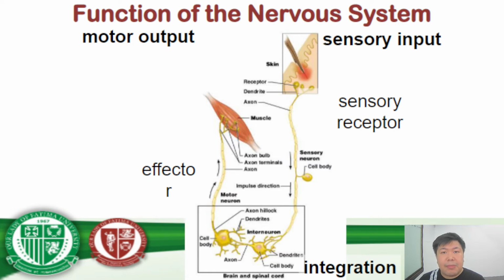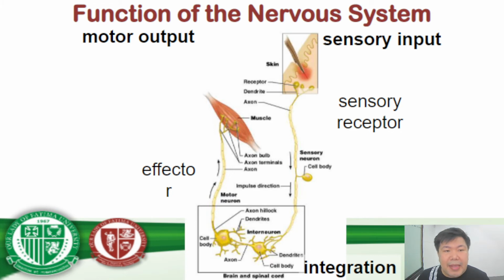And once those receptors receive stimulus or signal from the environment, then they bring the information to the brain or to the spinal cord, basically the central nervous system, in order for the signal to be interpreted and in order for a decision to be made on what to do regarding the stimulus. Once a decision has been made, the brain or the spinal cord will send a signal back to our body in order for a response to be elicited. So, basically, yun yung general function ng nervous system natin.